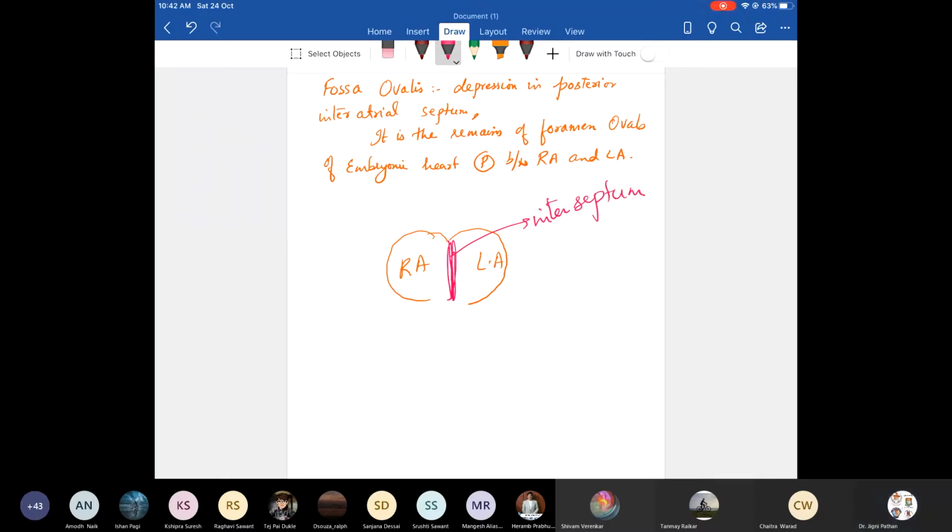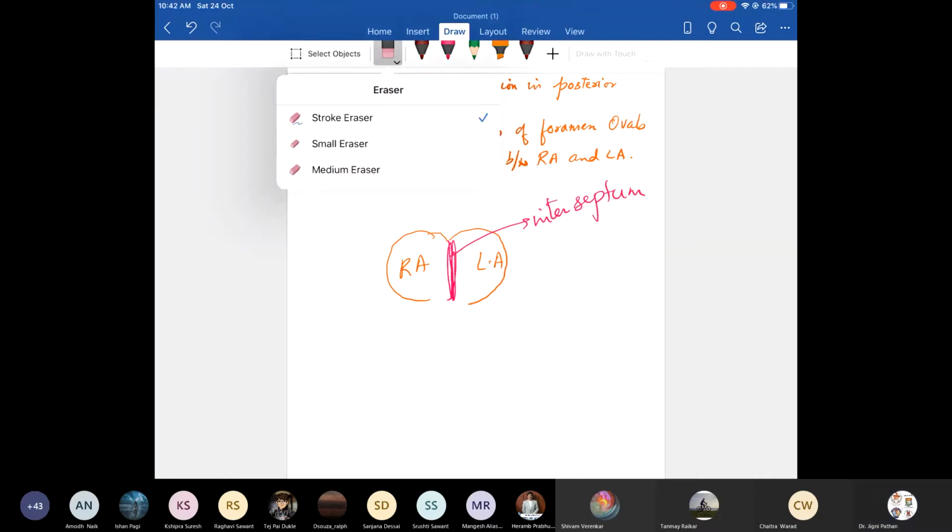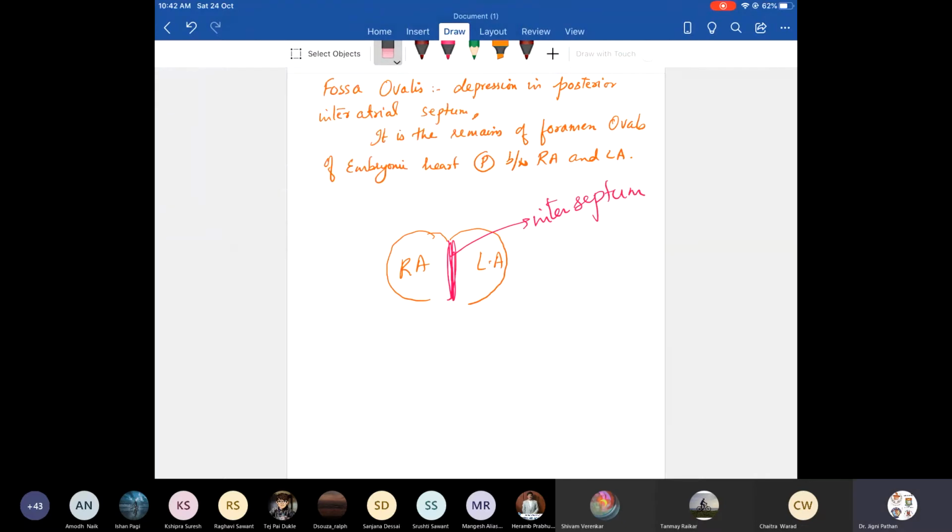right? In the embryo, there is a hole which is formed in the interauricular septum. Is it clear?